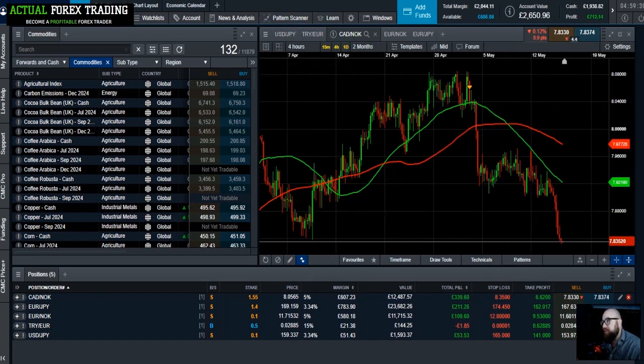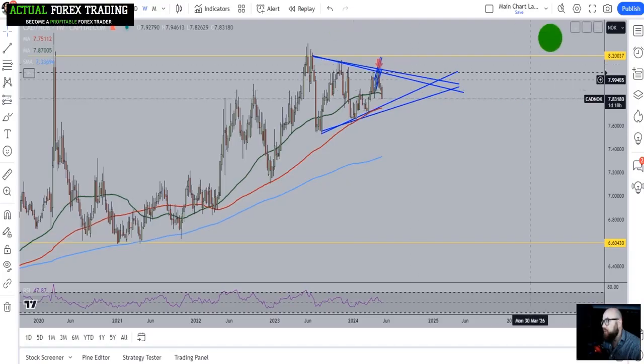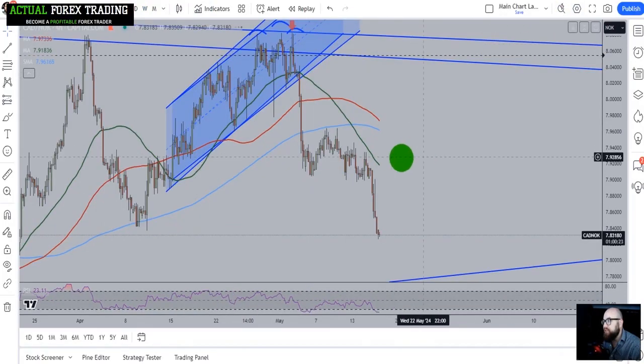Now the reason why I'm doing this update is I do need to take a bit of profit. Okay, because my stop loss is above this swing high here, which is about 1 to 2 risk reward. And obviously it is possible that price could now come up and trigger that stop loss.